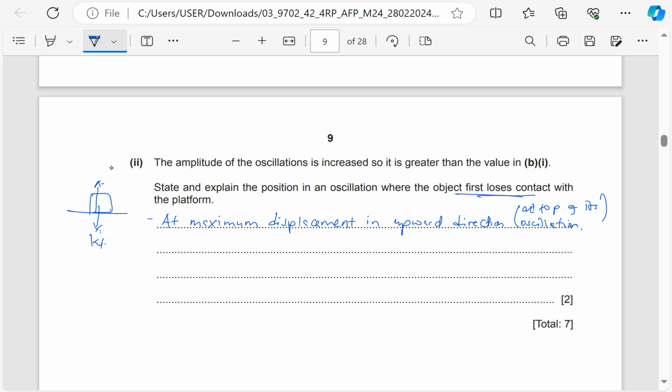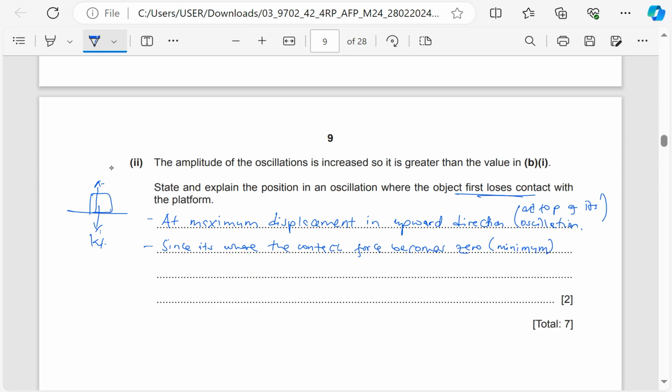So I say that maximum displacement in the upward direction, since it's where the contact force becomes zero, or in other words, it is minimum.